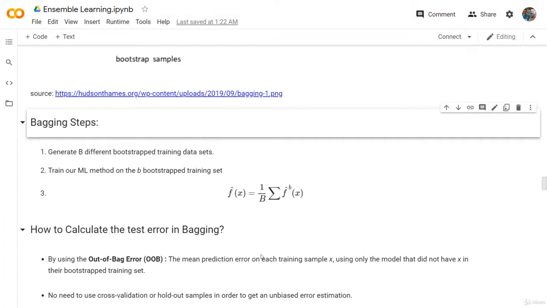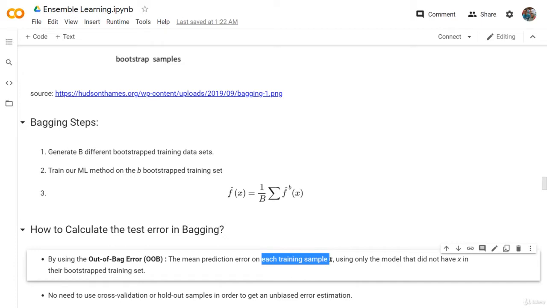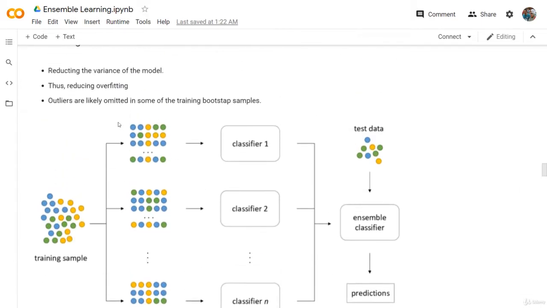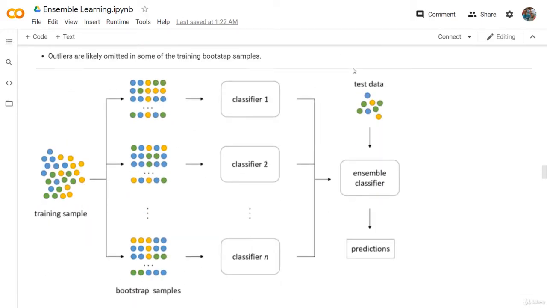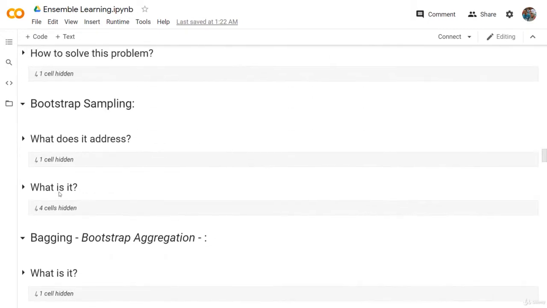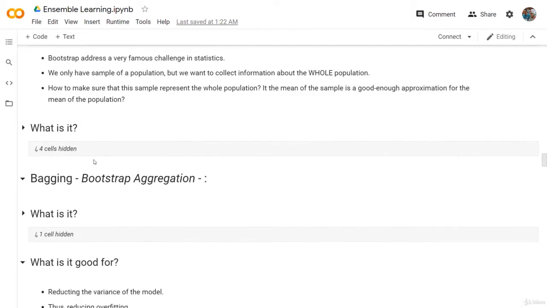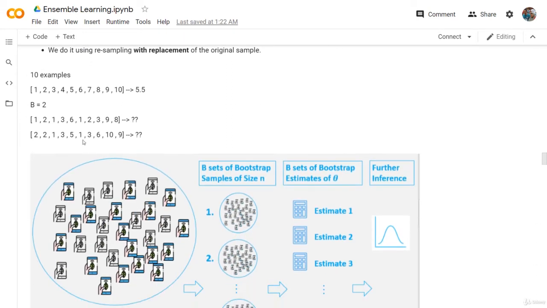So here we have training sample X. When we test the accuracy of this classifier, in order to measure how good it is, we use examples from the training sample. Let's say that we have 100 examples, just like in the example I had here.